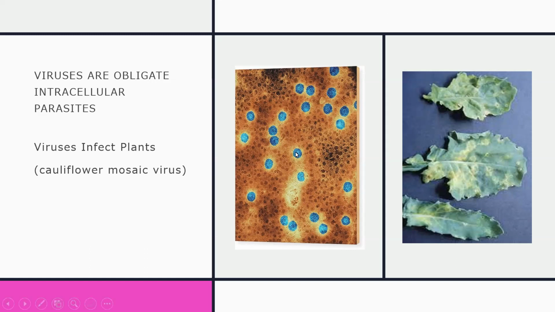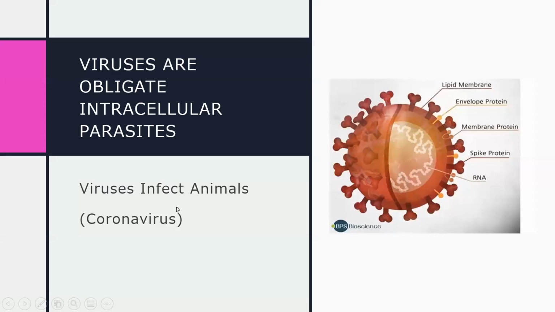So we've got these little pieces here, your virus particles, and you can see that it causes this mottling of the leaves. And viruses infect animals, right? So here's a nice complex virus, this is coronavirus, right? So we've got our envelope on the outside, and we've got our capsid on the inside, packaging our genome.